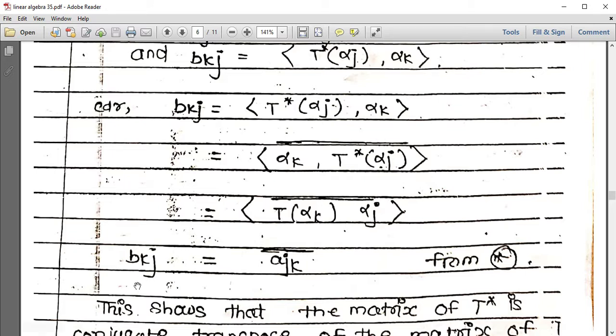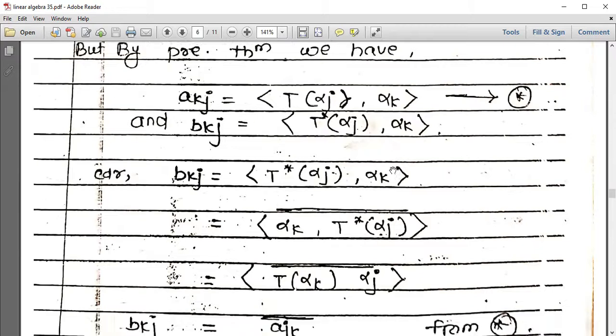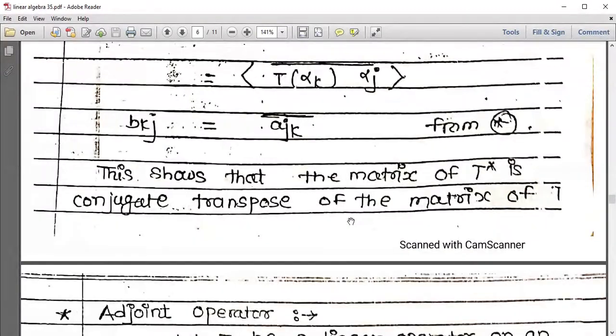Why? From this one: the inner product of T of alpha, beta is equal to the inner product of alpha, T star of beta. Using this here, BKJ is equal to AJK bar from star. This shows that the matrix of T star is the conjugate transpose of the matrix T.